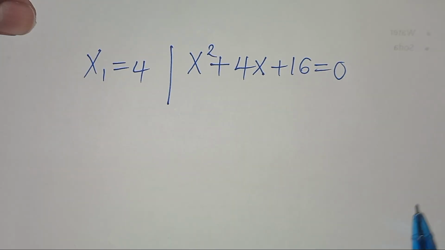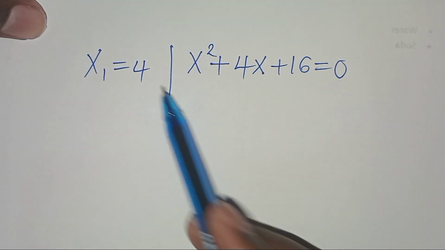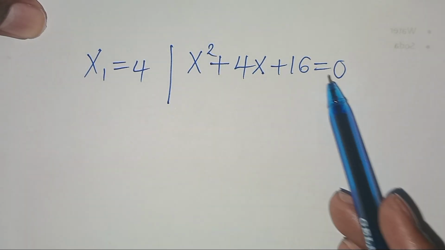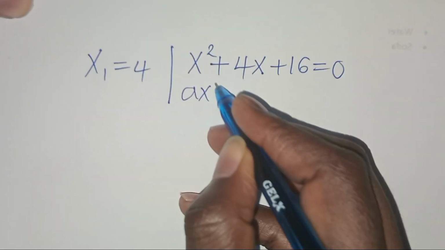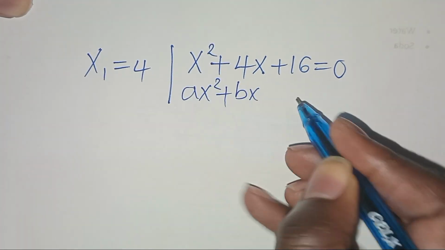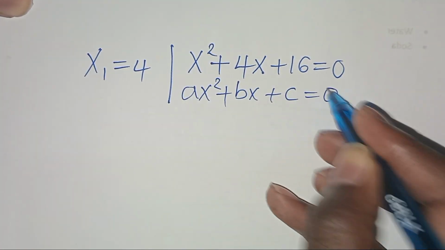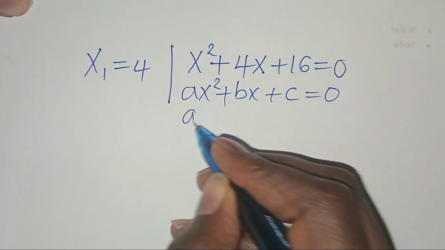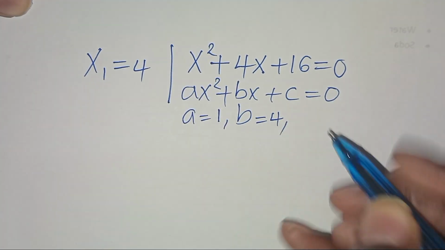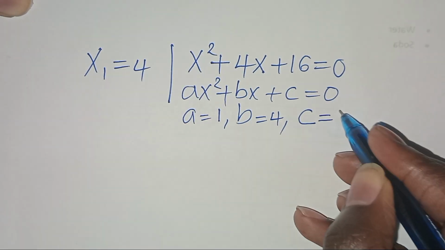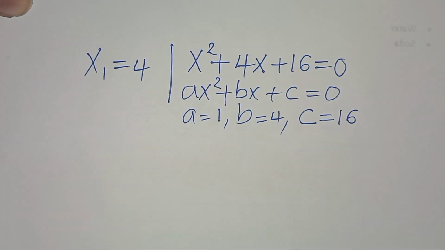Now here we have that the value of x1 is equal to 4, and the second part here we have a quadratic equation which is of the form ax squared plus bx plus c, this is equal to 0. Now we have the value of a equal to 1, the value of b equal to 4, and the value of c equal to 16.